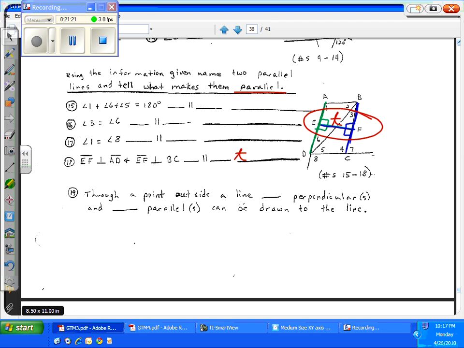Here we have transversal EF perpendicular to both lines. Therefore, we can conclude that the two lines are parallel because the transversal is perpendicular to both. The lines are AD, if we go from one end to the other, and BC, line AD parallel to line BC because the transversal is perpendicular to both. Any questions on numbers 15 through 18?